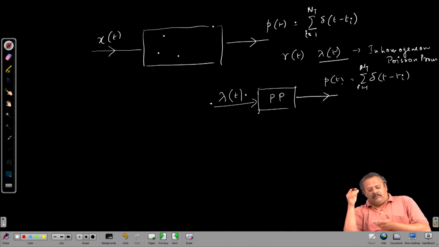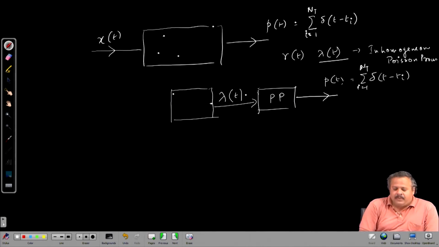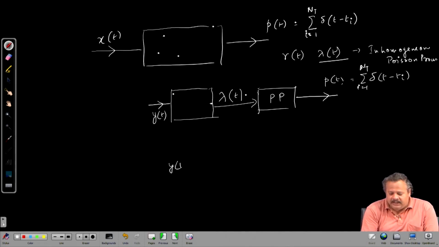So as a proxy for lambda t, we may now think of it in this way: if we have the membrane potential somehow coming into this box that produces lambda t, then this box would need to have a function that is converting, let us say this is yt, converting this yt into lambda t.